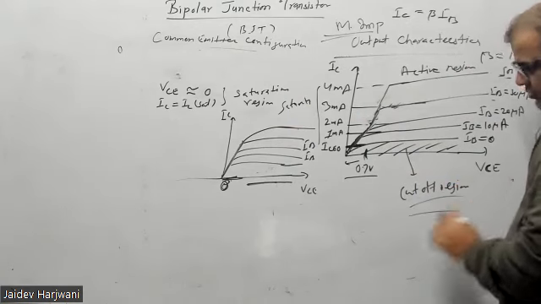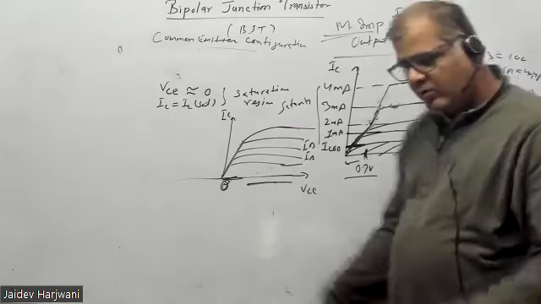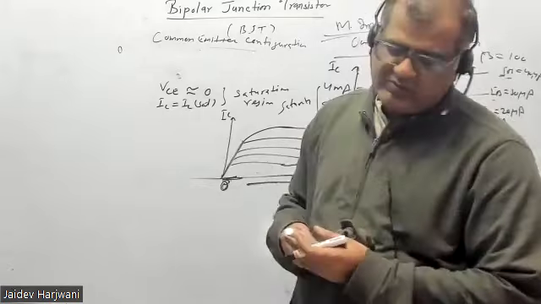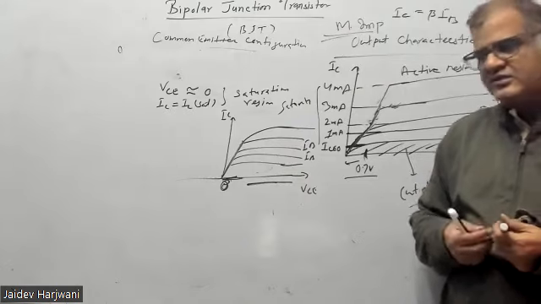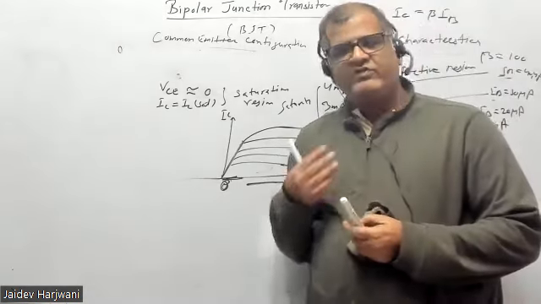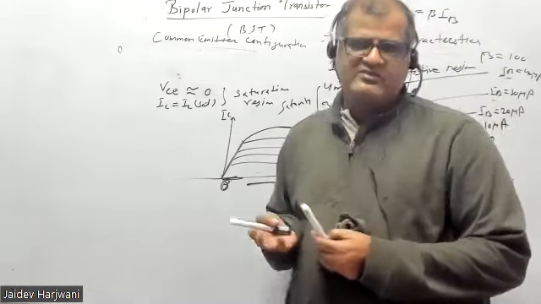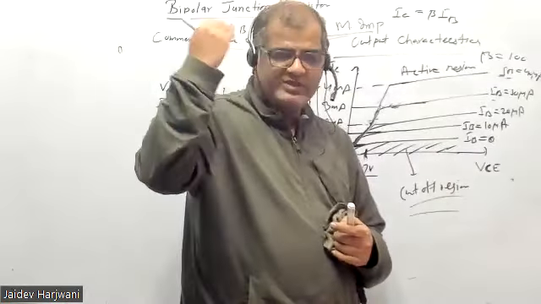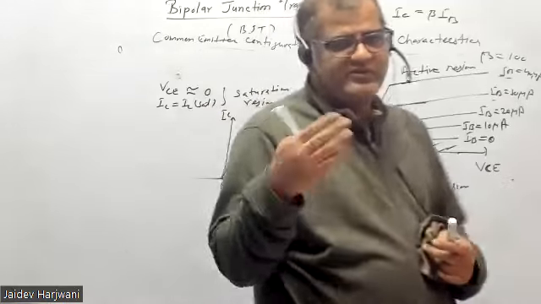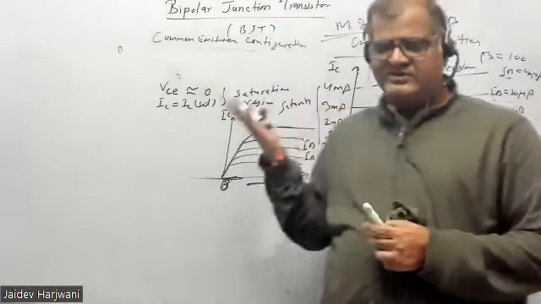Now finally, in the summary, you don't need to remember everything. You just have to remember that your VB should be greater than 0.7 if you want to make your EB junction forward biased. And VC also should be greater than 0.7, because VC ultimately makes VCB plus VBE.